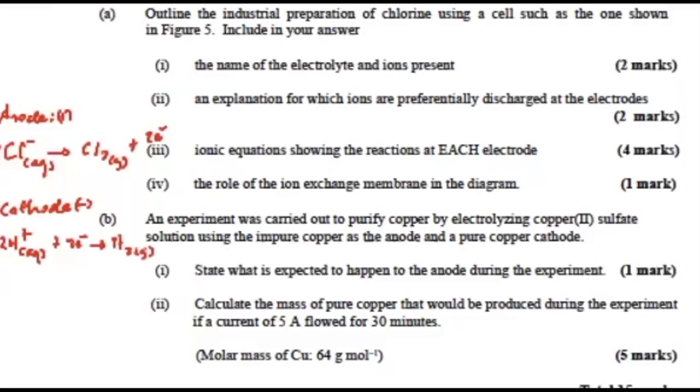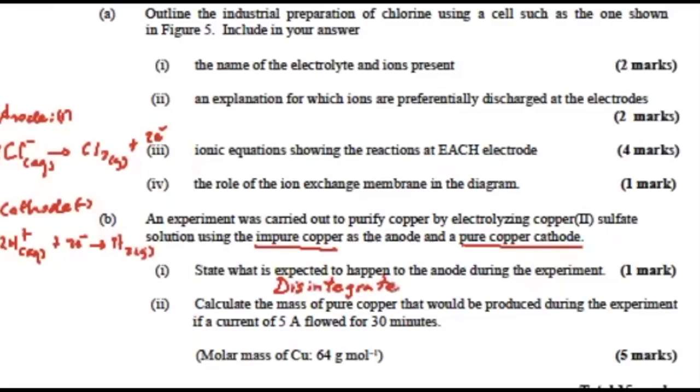So here, part B, an experiment was carried out to purify copper by electrolyzing copper sulfate solution using the impure copper as the anode and a pure copper cathode. State what is expected to happen to the anode during the experiment. So the anode is supposed to disintegrate, all right?